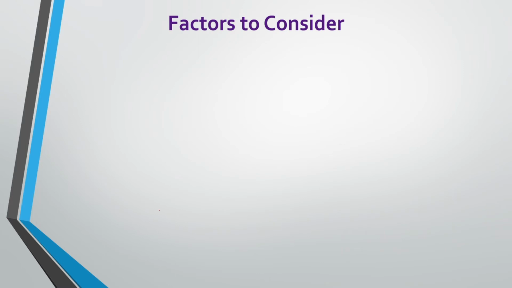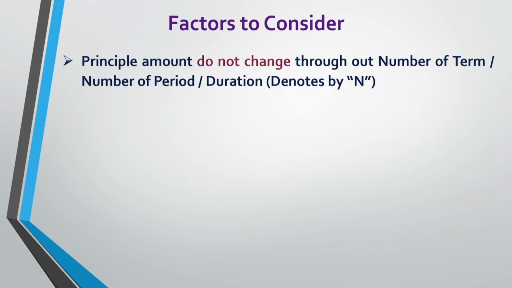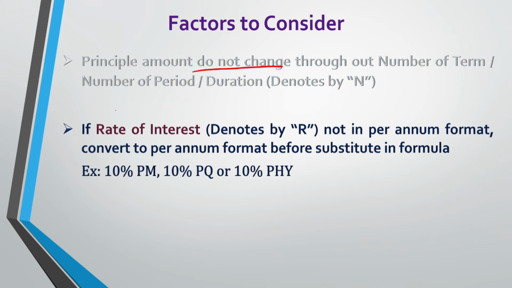Factors to consider. Again friends, I'm just going to give a quick recap because we have seen these points in our previous video, which is Simple Interest 1.0. So our first point is the principal amount does not change throughout the number of terms, number of periods, or duration. And the rate of interest, which is denoted by capital R, should be in the PA format.